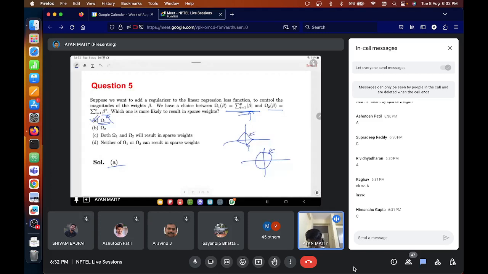As lasso uses the L1 norm, the modulus of beta, the constraint looks like a square. So this is why option A is the correct answer. The explanation is already given in the video lectures, and you'll be able to find it from there also.